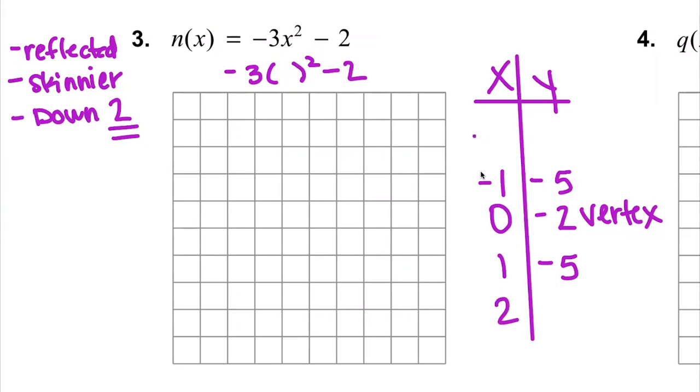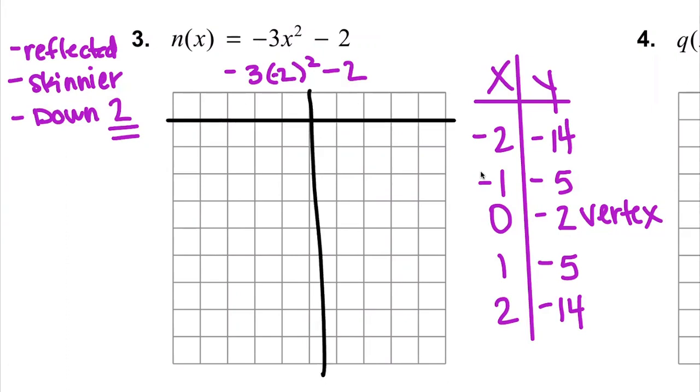Now let's plug in 2 and negative 2. If we plug in 2, we would have negative 3 times 4 minus 2. And then same thing when we plug in negative 2. We are probably not going to be able to fit those on our graph, so I'm going to make my x and y axis so that my x-axis is kind of towards the top, because when I plot this, my vertex is going to be 0, -2.